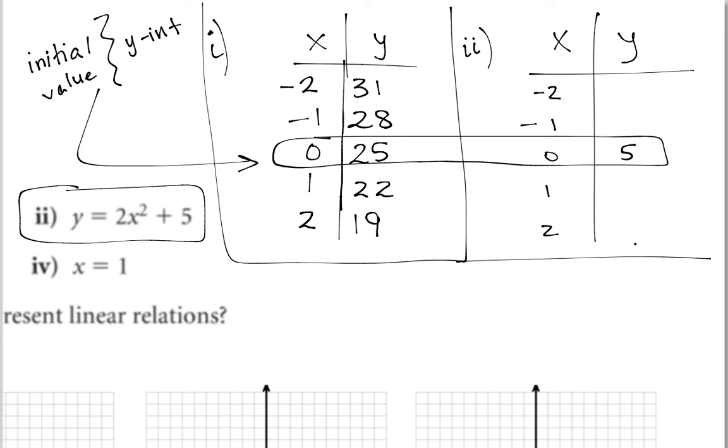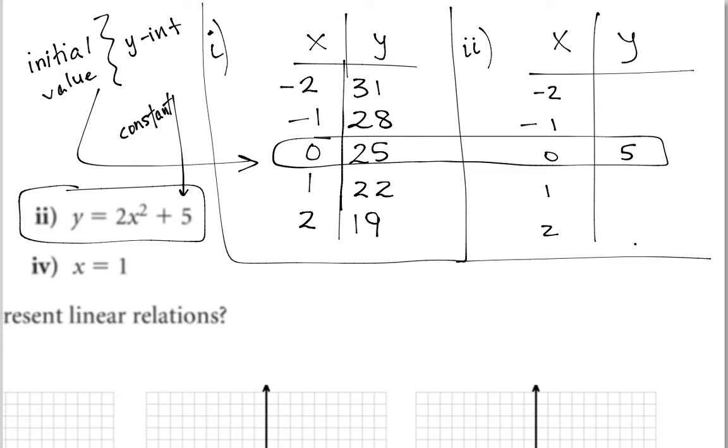And what do you notice about what it is in the equation? It's also the constant. The constant is always the y-intercept. Okay, what happens when x is 1? Remember order of operations.